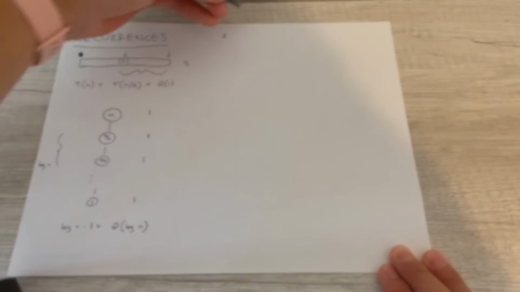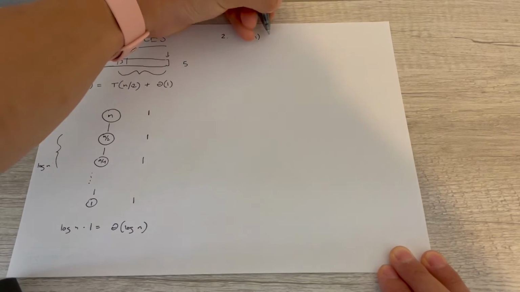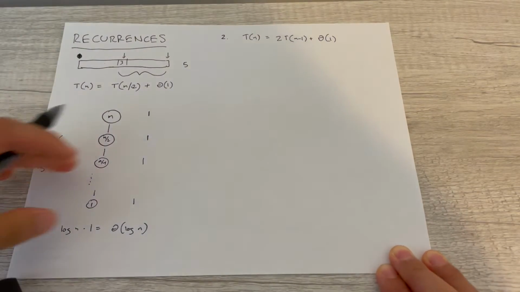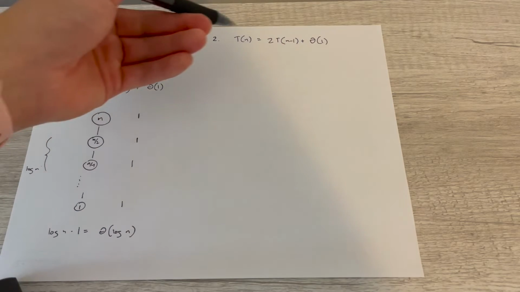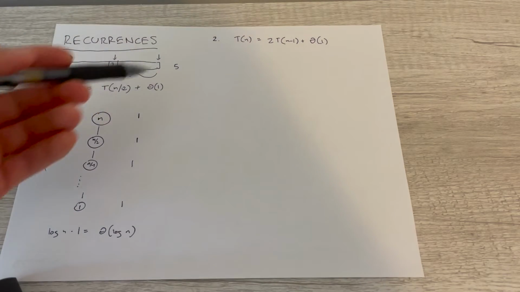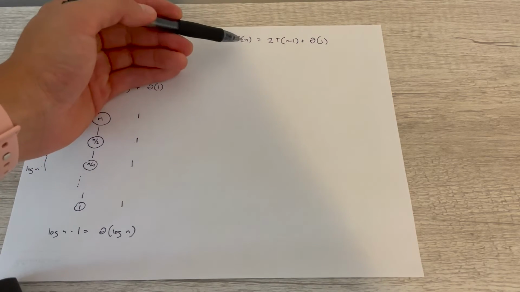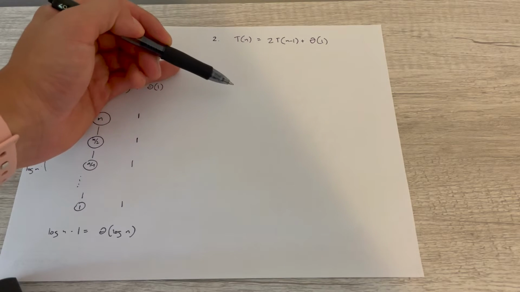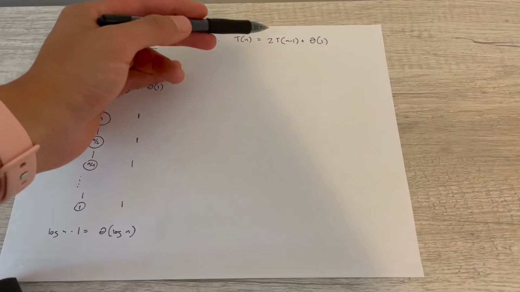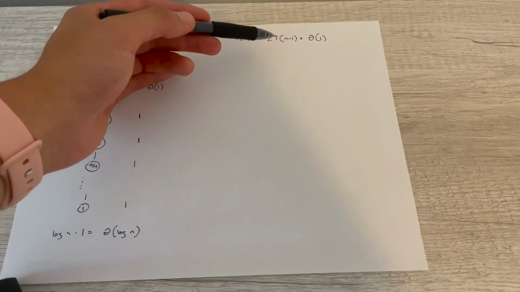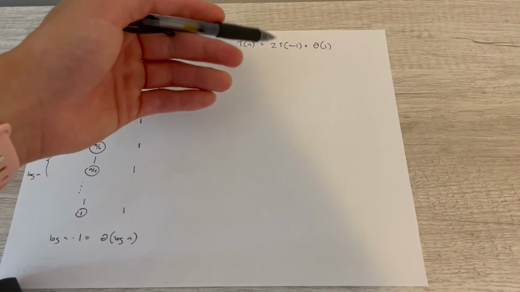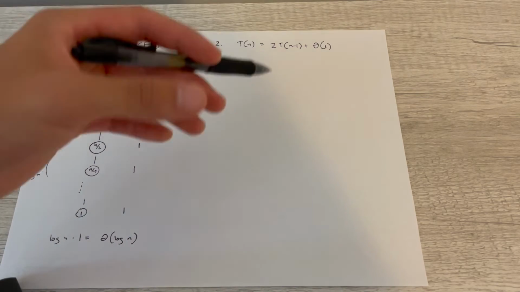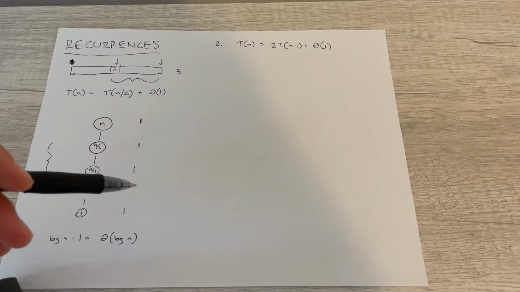So number 2, T of n equals 2 T of n minus 1 plus big theta of 1. So this program could be a lot of different things, but you can imagine it saying, okay, I get this input n, I do something pretty quick, and then I call the program on n minus 1, find out that answer, and I call it again on n minus 1 for whatever reason, and then get that answer, and then output whatever.